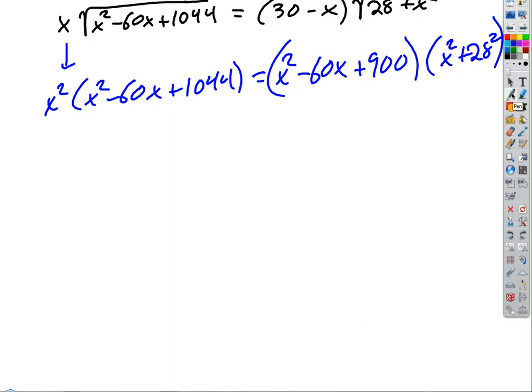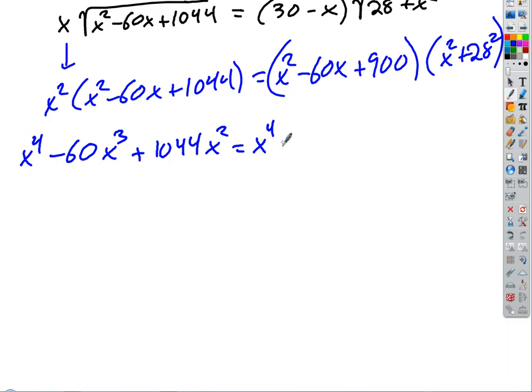So this side's a piece of cake. This side we get just x to the 4th minus 60x cubed plus 1044x squared. This side is a little uglier. If I distribute the x squared all the way through, I'm going to get x to the fourth minus 60x cubed.